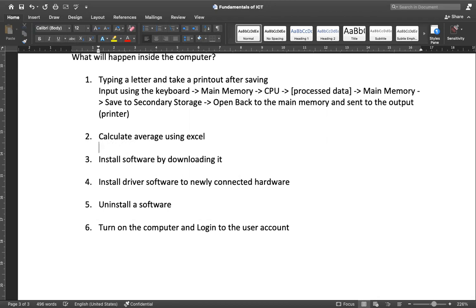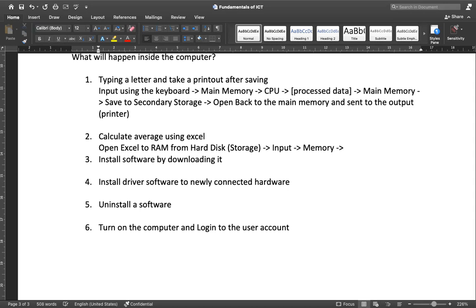Open Excel to RAM from the hard disk, which is storage. It's there in the hard disk, you have to open it to the RAM. After opening, you can input. Then inputs will go to the memory.